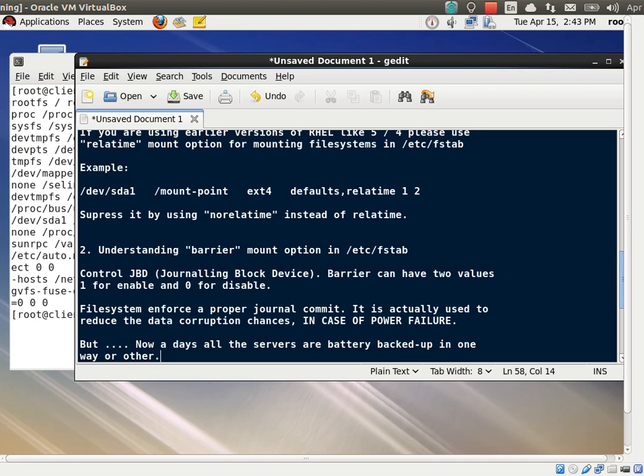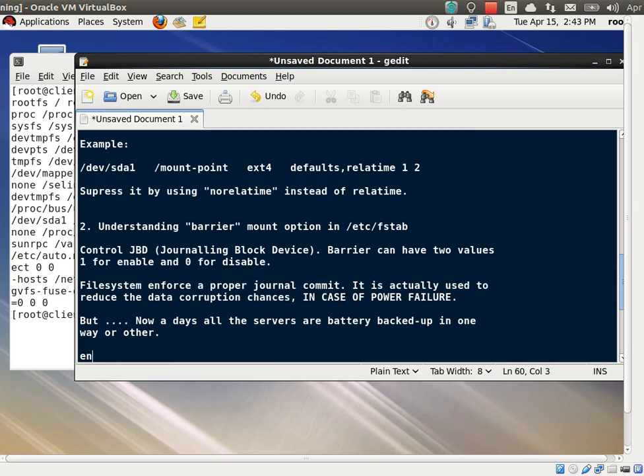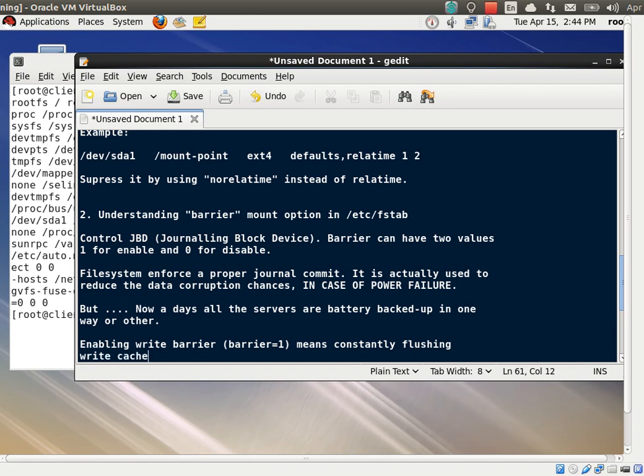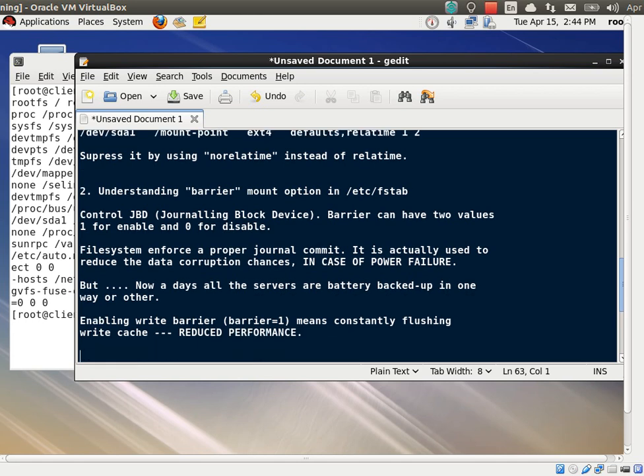So enabling the write barrier, that is barrier equal to 1, means constantly flushing the write cache, and it actually reduces your performance.